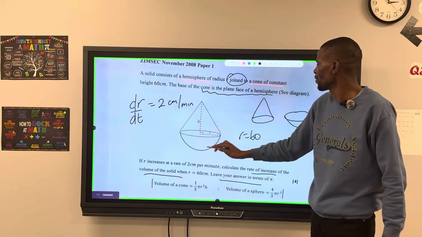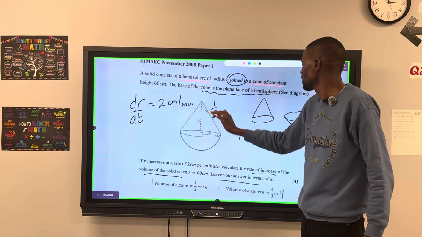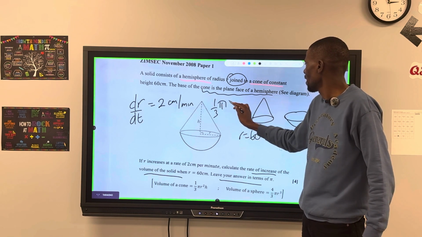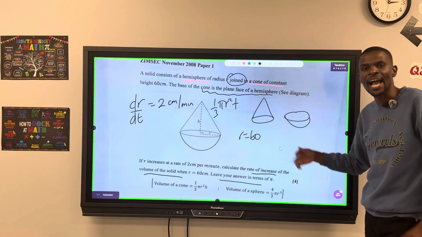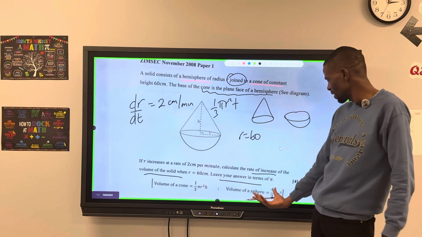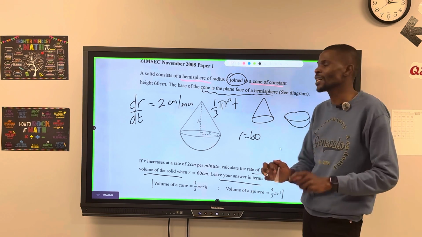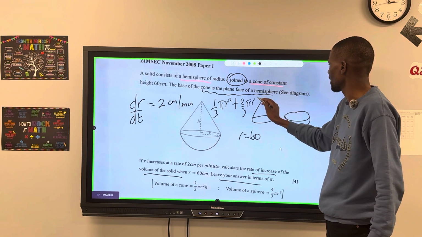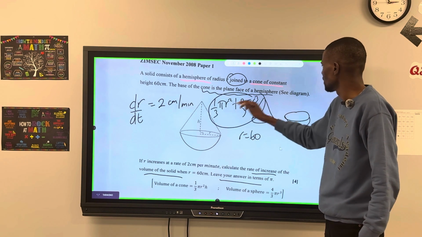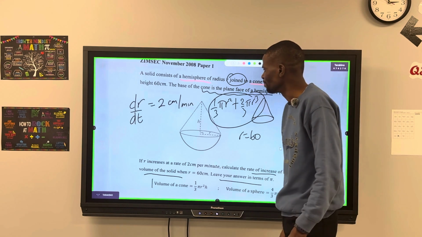Volume of a cone is 1/3 base area times height, where the base area is pi r squared, plus the volume of a hemisphere, which is half of the sphere. The volume of the sphere is 4/3 pi r cubed, and when you divide that by 2, you get 2/3 pi r cubed.